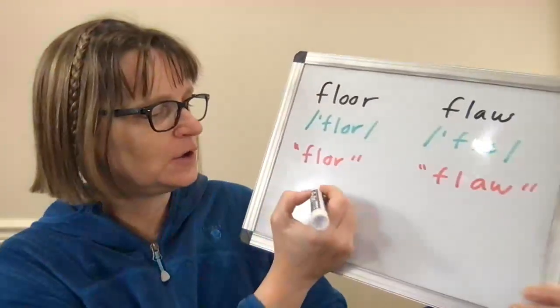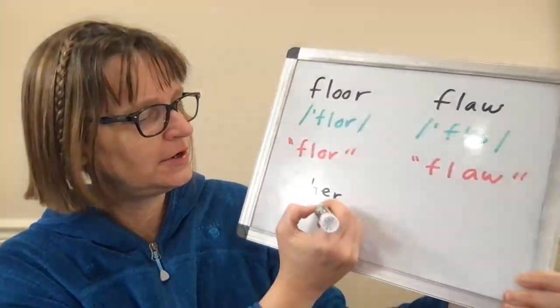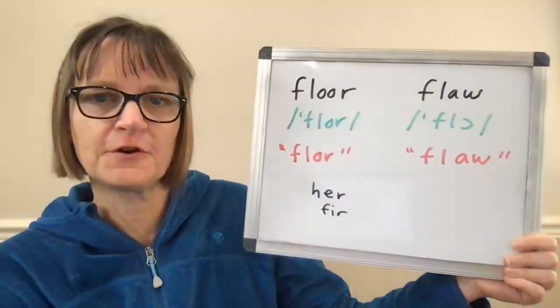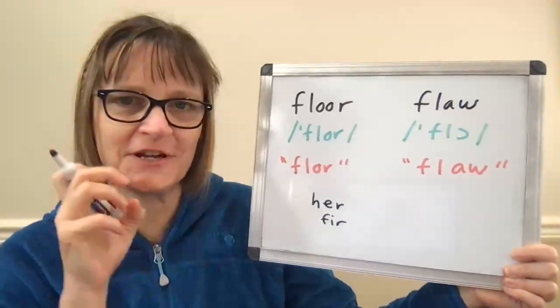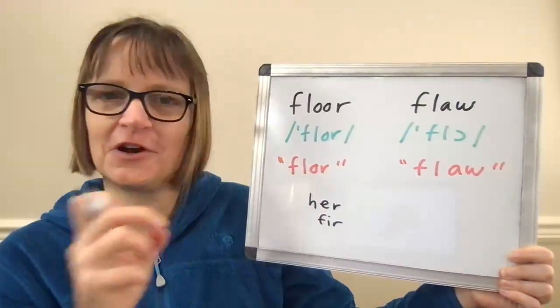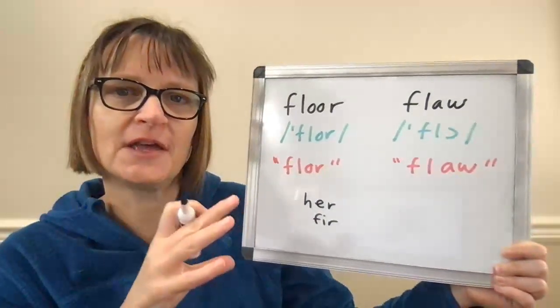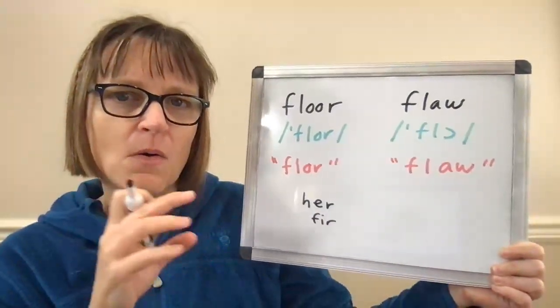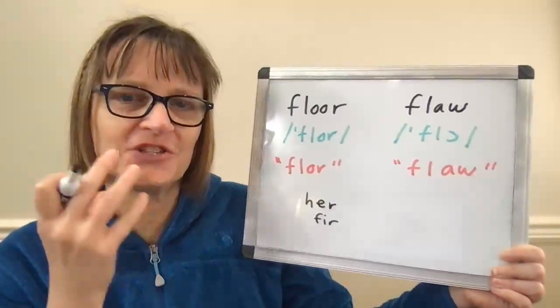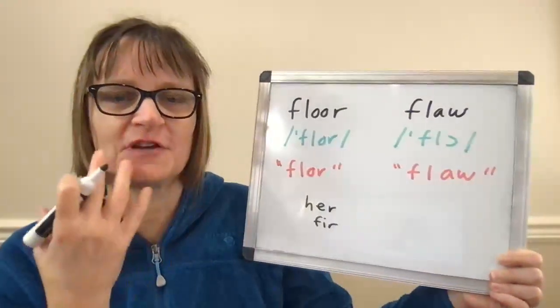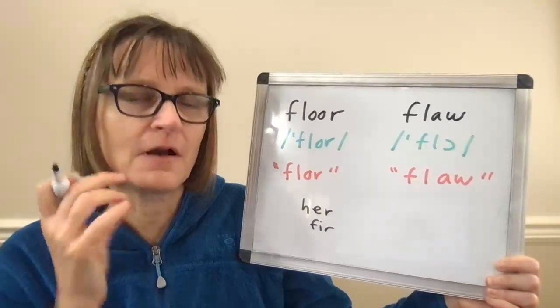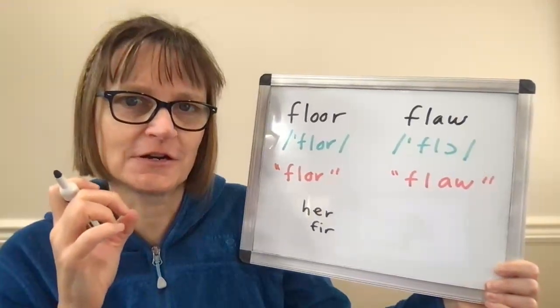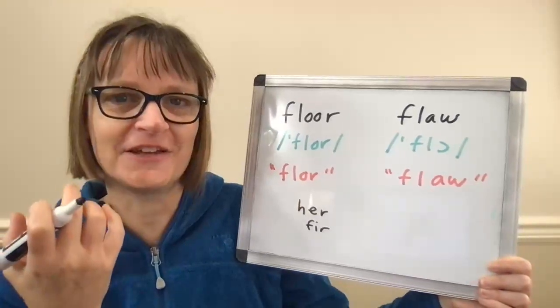So if I'm saying a word like her or fur, when I'm saying that my tongue is in the position for the American R. It's not moving into it. When I say or, my tongue is shifting and changing and my lips are changing from more of a rounded to an unrounded or, and my tongue is lifting into that position. So you can hear that I end on the R.